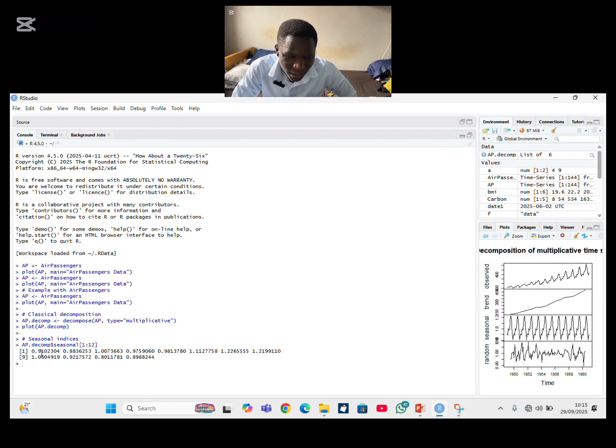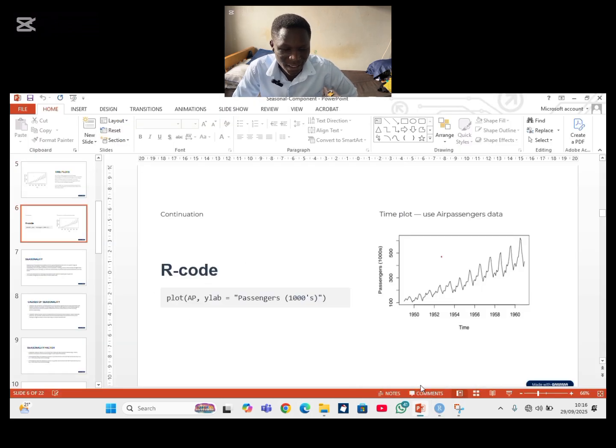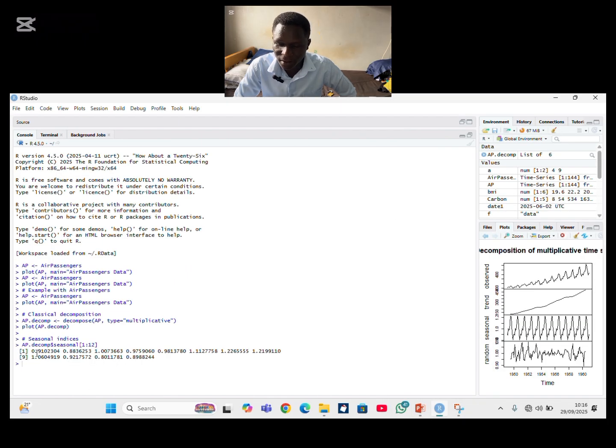So this is probably January, February, March. So in a period around January, our factor is 0.91. What does that mean? Our factor here is 0.91, and the next one is 0.88.